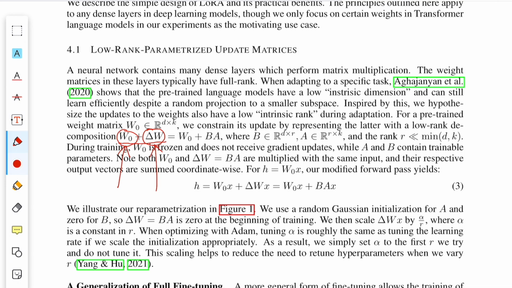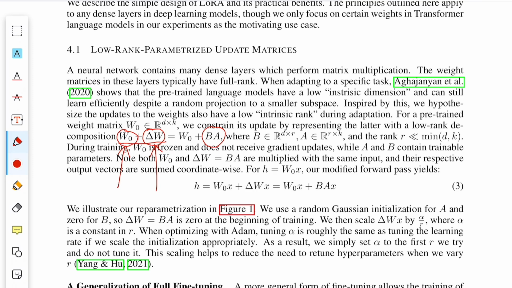But the author said LoRA decomposes the W matrix into B and A. Why did the author do that? Because B and A have a way lower rank.